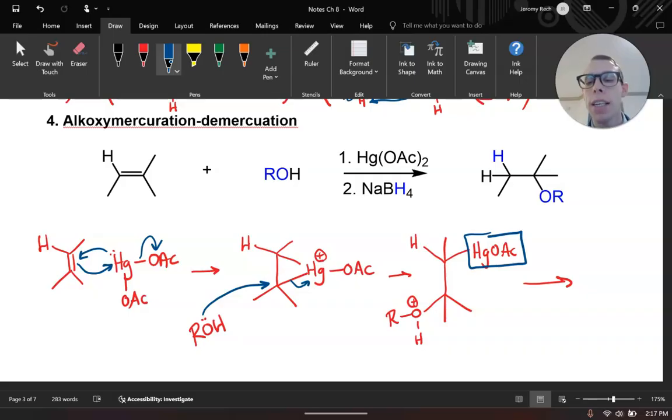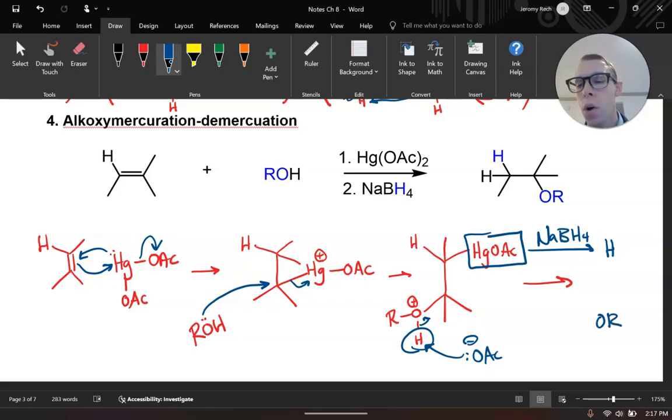When you react this in the second step with your sodium borohydride, that's going to go just to a hydrogen, and then this proton is going to be removed by our other, for example, OAc. That's going to come in, remove that, and then kick that out and make that neutral, and kind of turn that into your OR, or OH if you just do water instead of an alcohol.